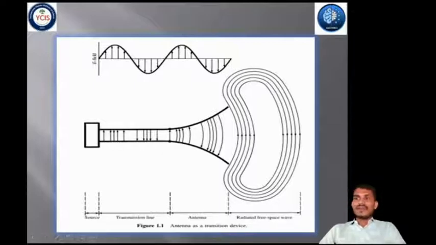The guiding device or transmission line may take the form of a coaxial line or hollow pipe waveguide, and it is used to transport electromagnetic waves from the transmitting source to the antenna. This is the source and this is the antenna, from source to antenna.